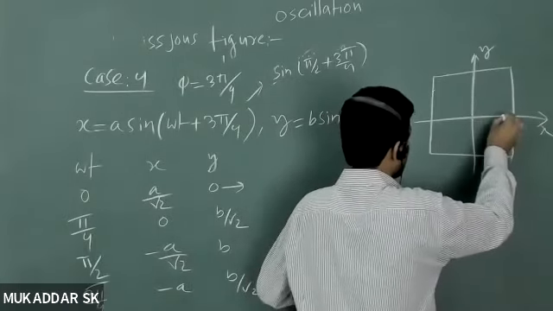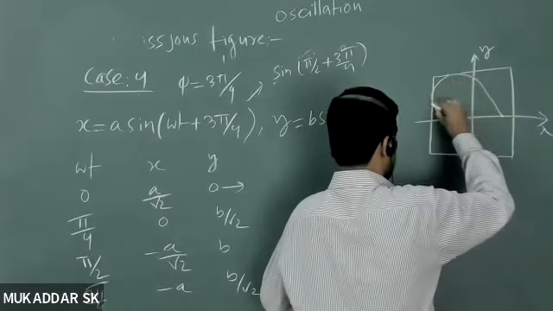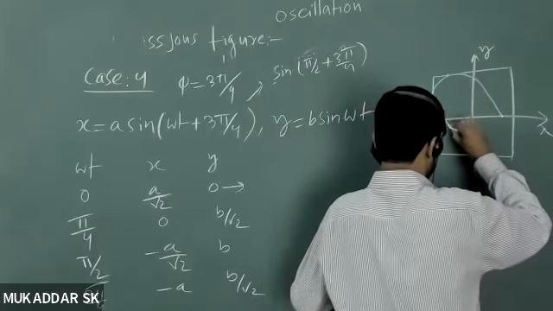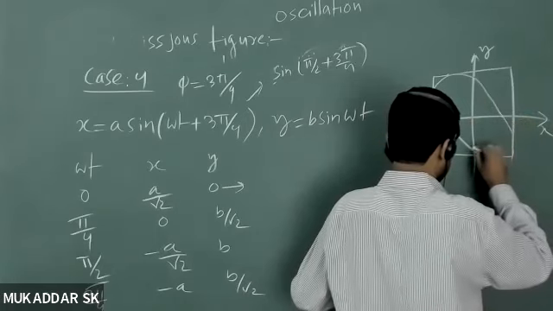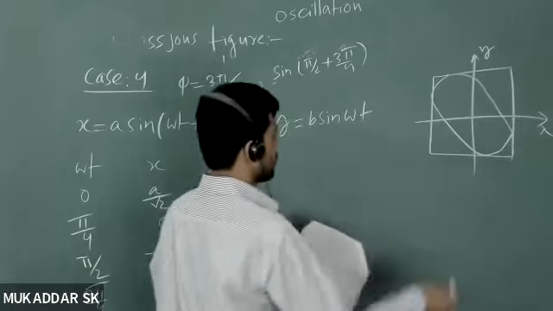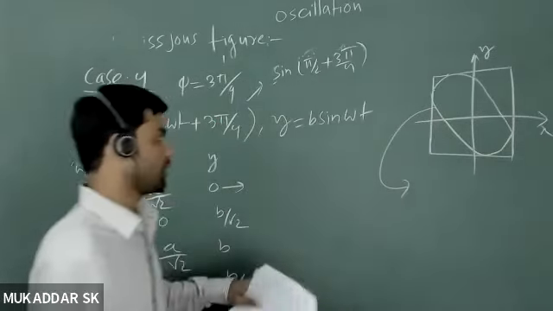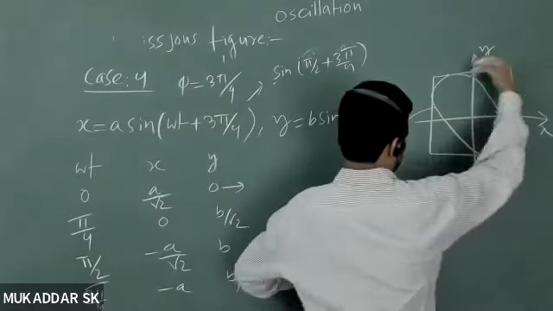If you add this point, the trajectory will be kind of this. So this is also an oblique ellipse, but the motion is a different kind of motion. Initially it was like this.